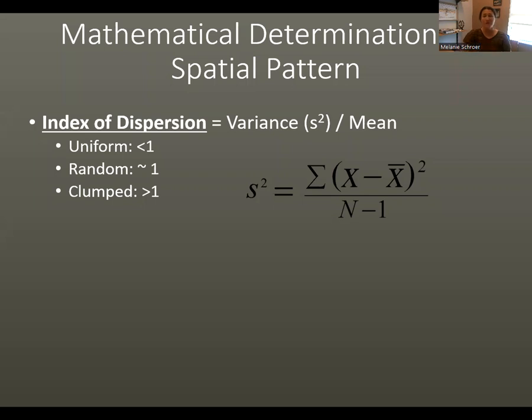And so in order to do so, we use what is called the index of dispersion, which is essentially the variance of all of the samples that we have taken. So all of the cells within the grid that we have counted over the average of those samples, of those cells. Okay.